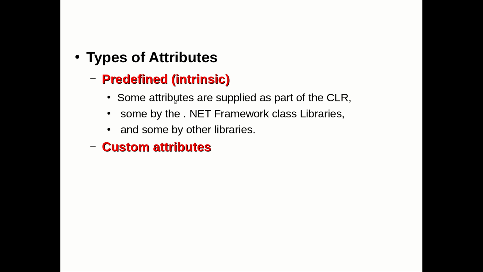Apart from the predefined attributes, you can have custom attributes also, which you call the user defined attributes. You can define your own attribute in your namespace, and that attribute can be used in your program element. That is also possible. So, we will see a demo program for predefined as well as custom defined attributes.